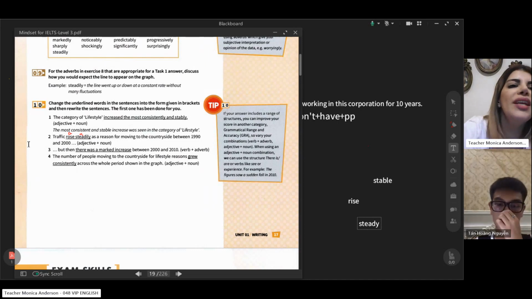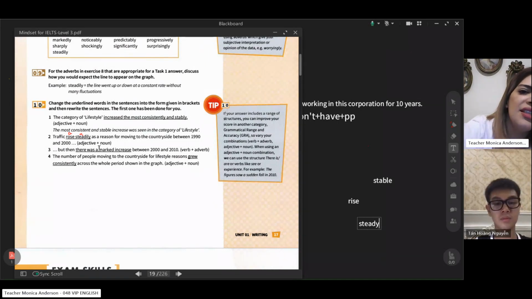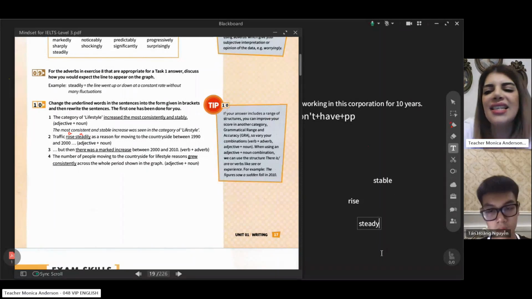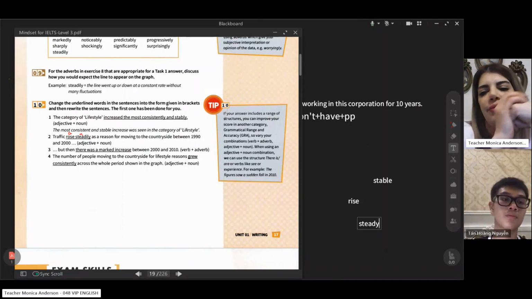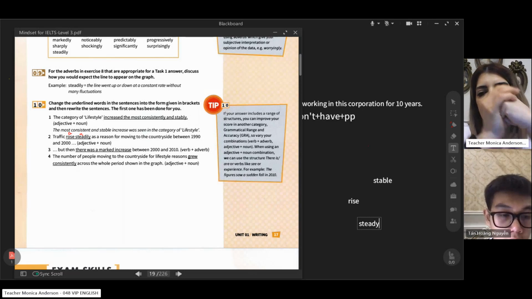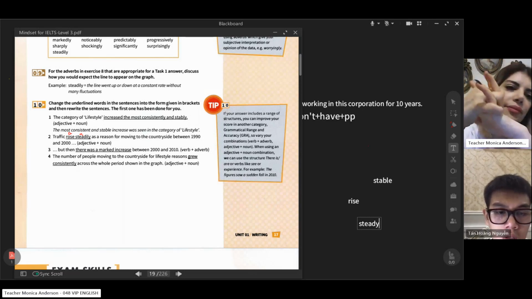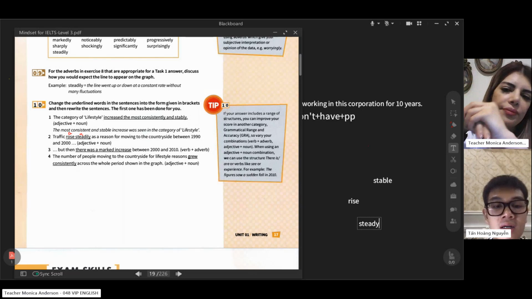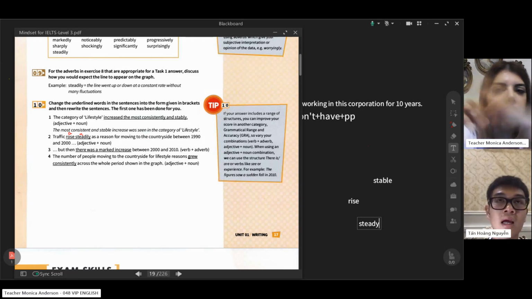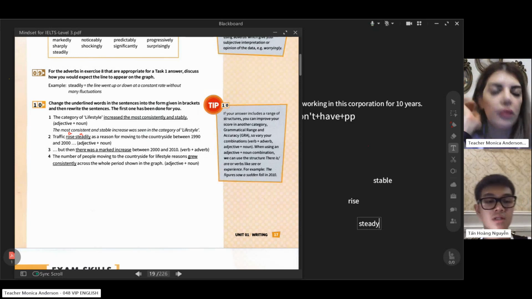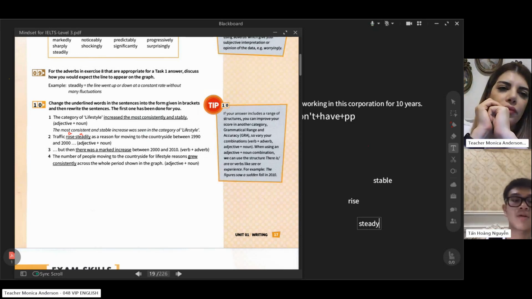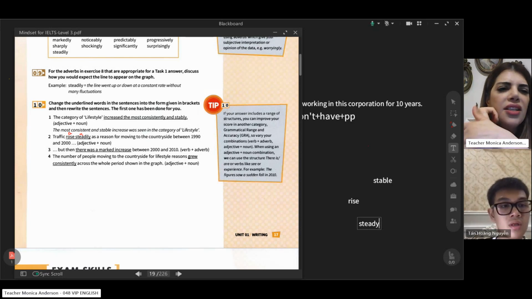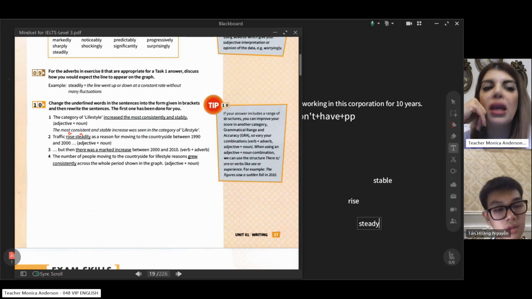Now we need to change this sentence and use rise and steady. How can we change it? There was a steady rise, because now this is past simple. You can say there was a steady rise in traffic as a reason for moving.